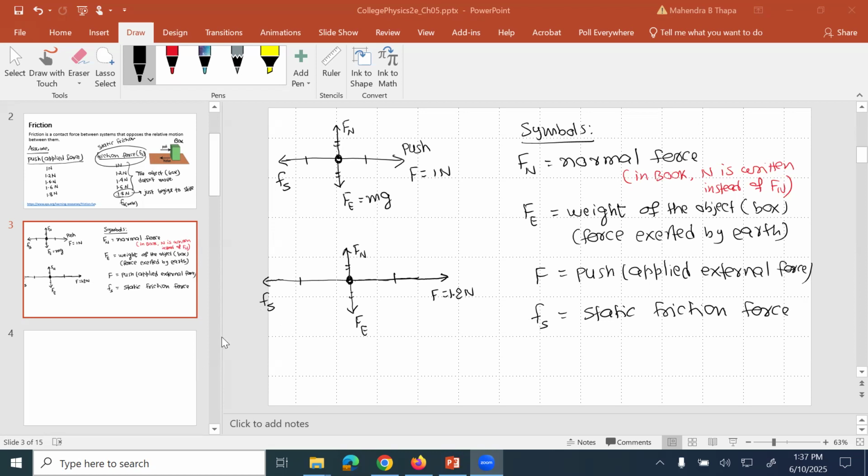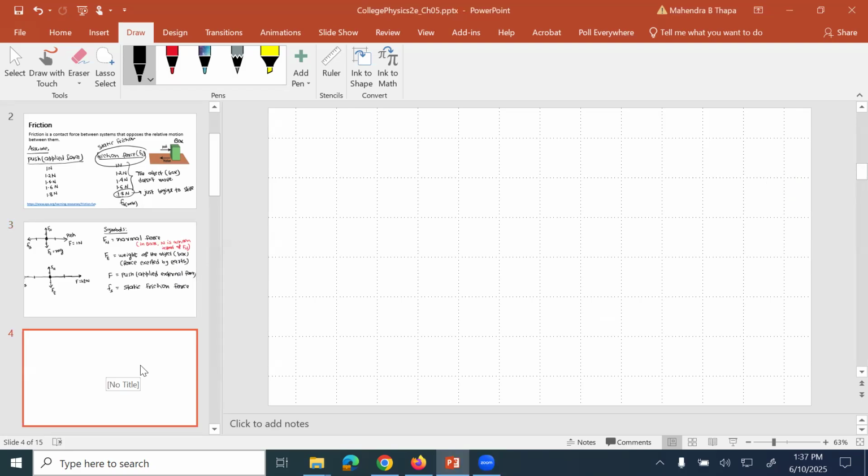Under this situation, we can write Fs, which is static friction, is less than or equal to mu s times Fn.